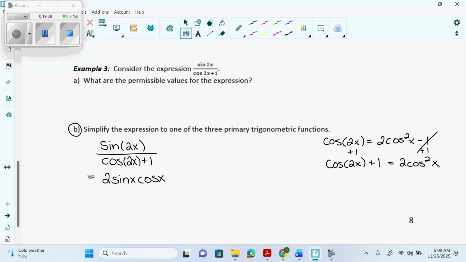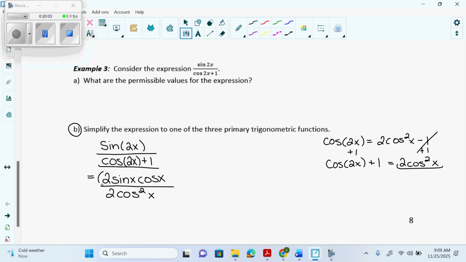If you can't spot that, replace and then cancel the 1. Which way is better? Whichever gets you the right answer is always the answer. This one is faster, so I'm going to show this one for now. So we can replace this entirety of cos 2x plus 1 with 2 cos squared x.